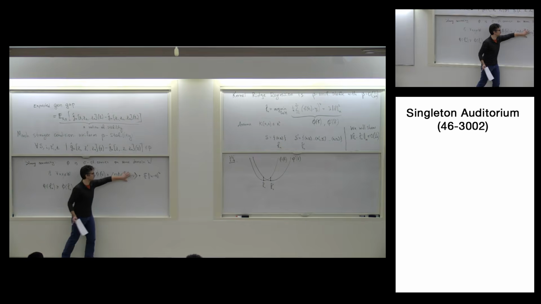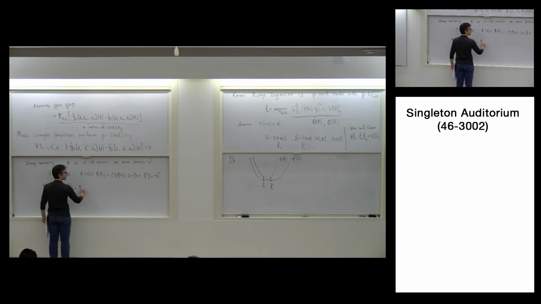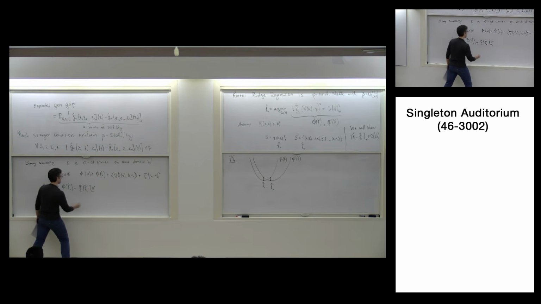So I can forget about this one and just write sigma over 2 times f hat n prime minus f hat n squared. This is the RKHS norm.